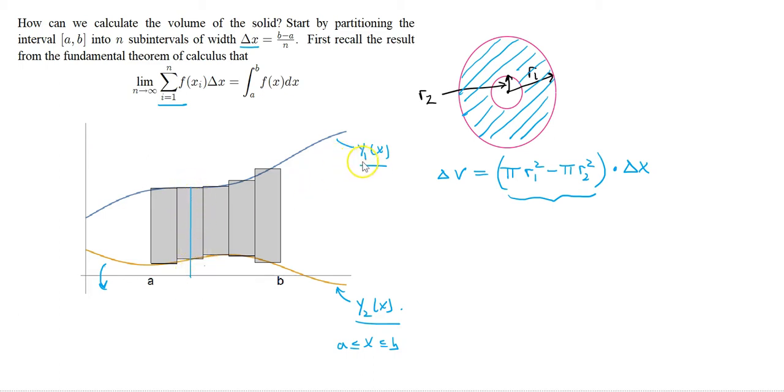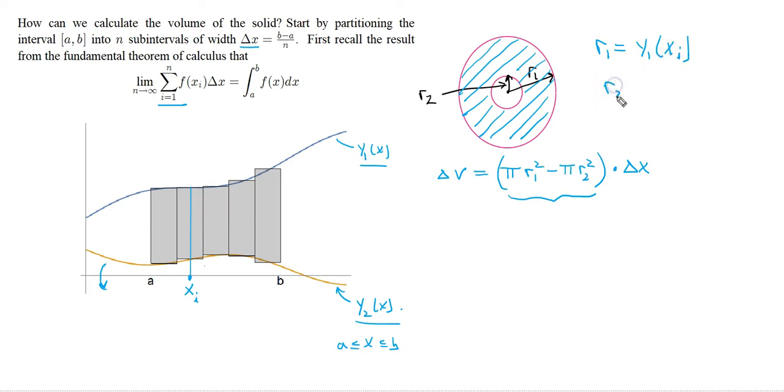Now, the relationship between R1 and y1: if we label this point right here on the x-axis, say it's x sub i, where this denotes that it's coming from the ith subinterval. Now this would be the second subinterval, but we'll just denote it as a general xi. Then the R1 is y1 of some xi.